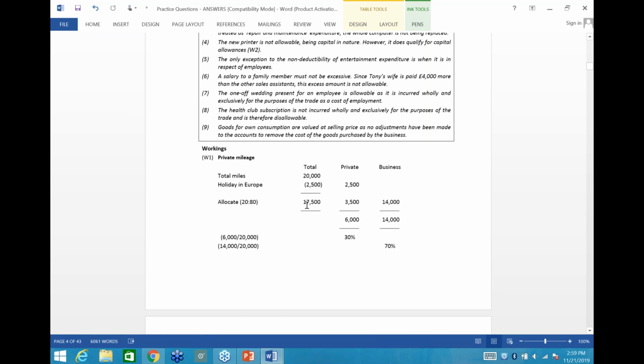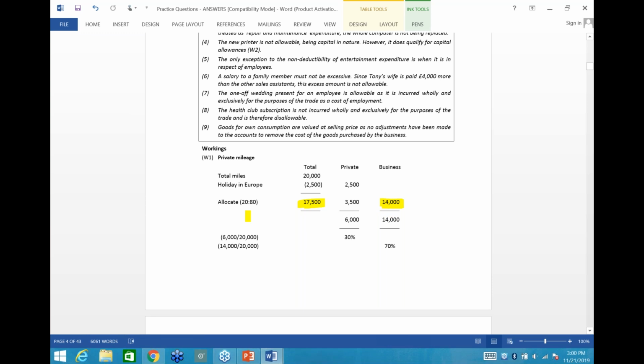Then you get a balance of 17,500. From that 17,500, again 20% for private journeys, 80% for business journeys, which is 14,000. So 80% for business journeys, 20% for private journeys.